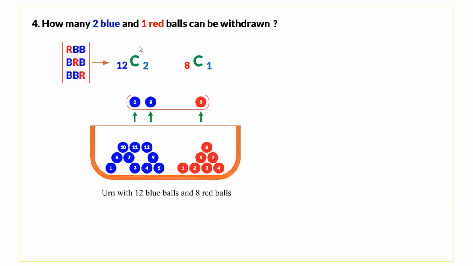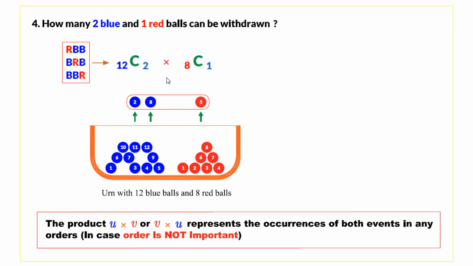And now we have 2 sets here. The first one contains elements composed of 2 blue, and the second one contains elements composed of 1 red. So we want to combine these 2 blue with this 1 red using the multiplication principle, which will allow us to do that for the case of no order, and we get this product 66 times 8.